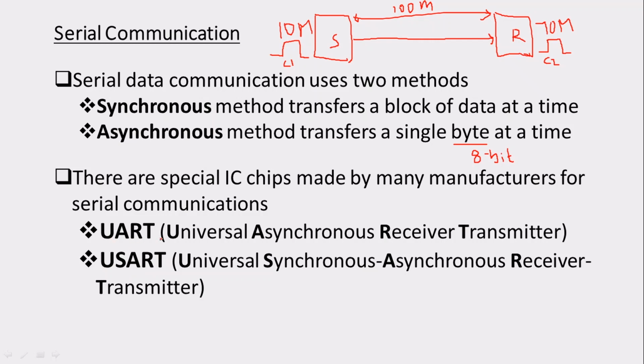UART stands for Universal Asynchronous Receiver Transmitter, whereas USART you can abbreviate as Universal Synchronous Asynchronous Receiver Transmitter. Here, as the name suggests, UART is asynchronous in nature, whereas USART you can use in synchronous terms, as well as use the same IC in asynchronous terms also.